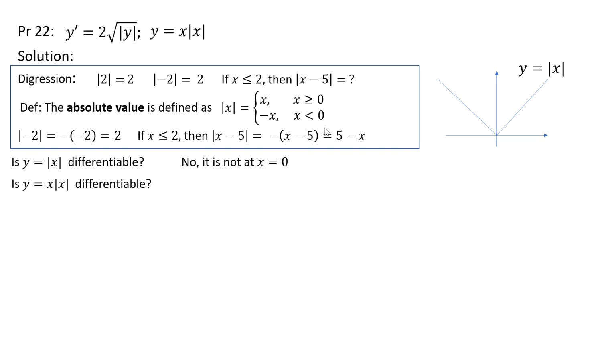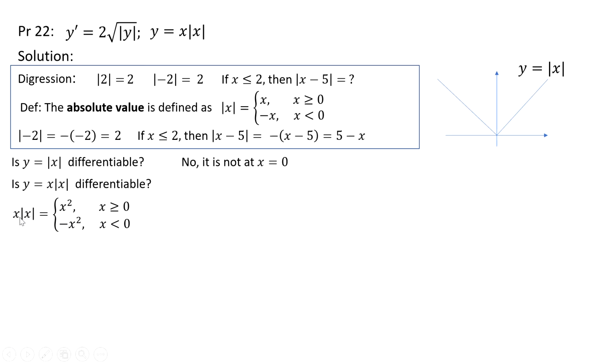What do you get? x times... can I say that? Yeah, because what I'm going to do is, if x is greater than or equal to 0, I'm going to replace the absolute value of x with a simple x.